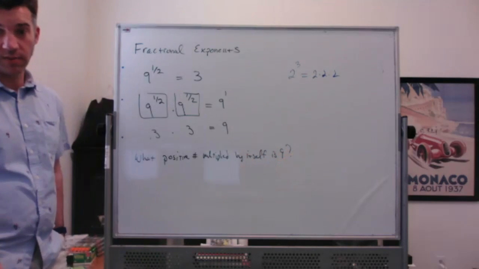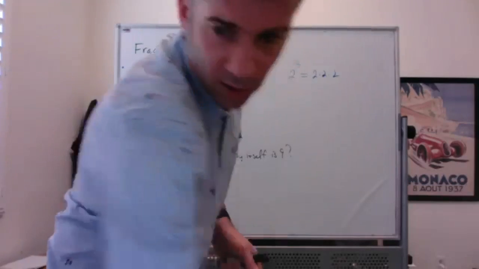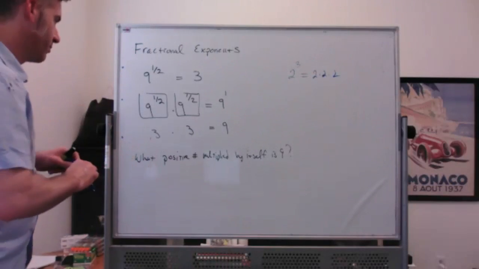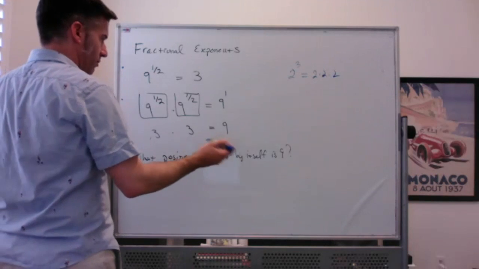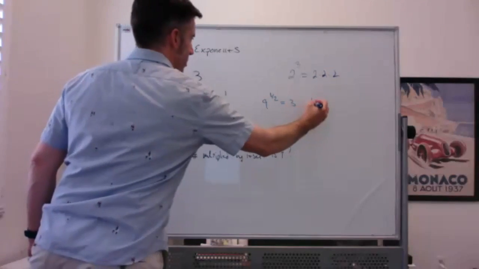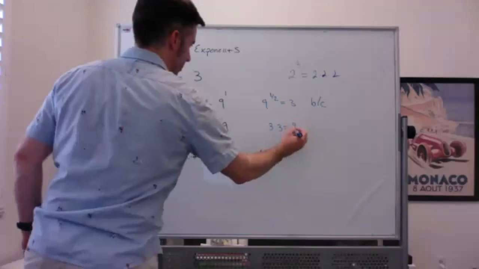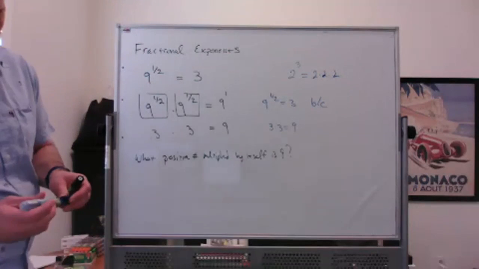And the answer is 3. Some notation stuff. So 9 to the 1/2 equals 3, because 3 times 3 equals 9.